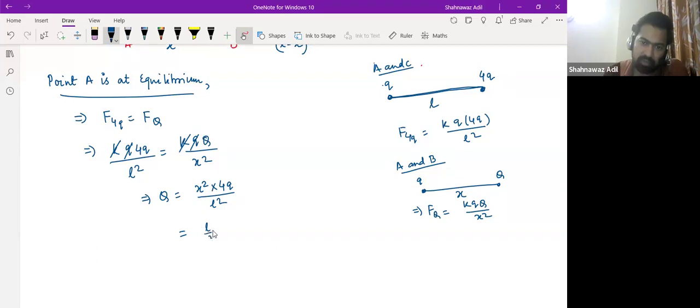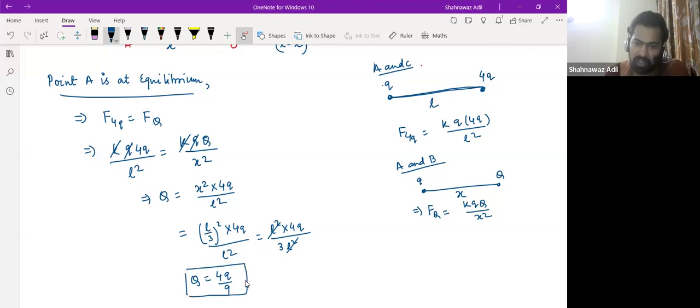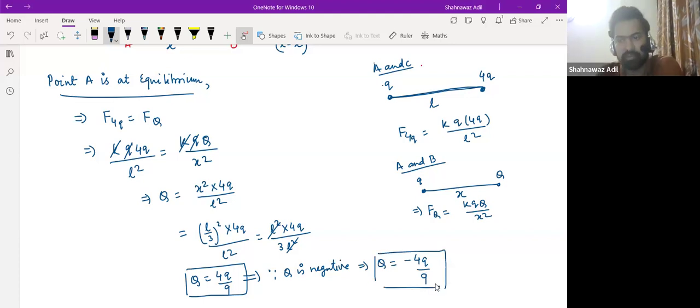So Q is 4Q divided by L square times L square by 9. L square cancels, so we have Q equal to 4Q by 9. This is the magnitude. And as we know that Q is negative, we write Q as minus 4Q by 9. Is this part clear?